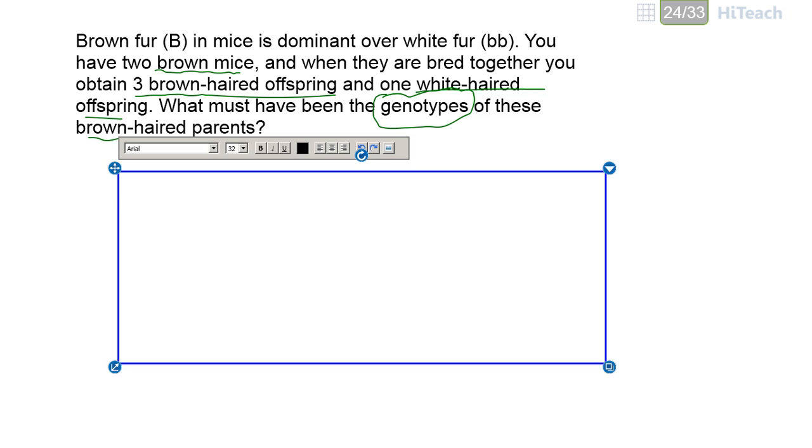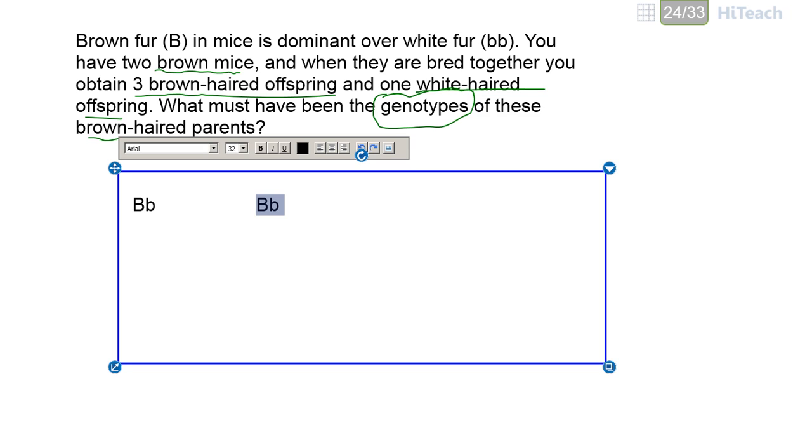So the first parent and the second parent both have the genotype capital B with a small b, because both of them are brown, but one of their kids has white.